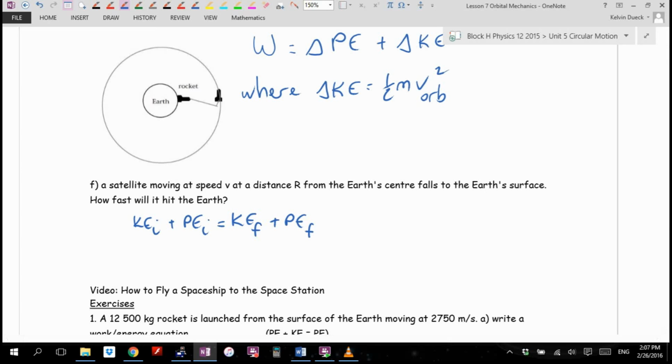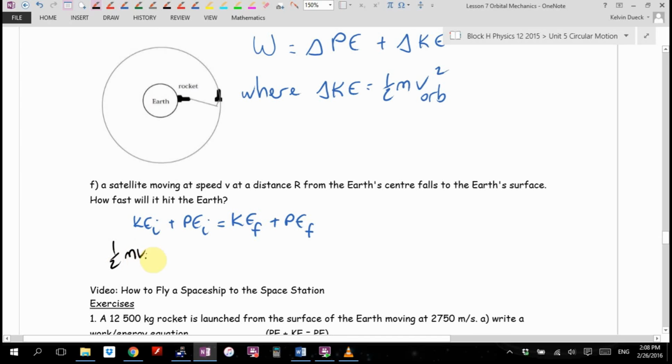Is my initial speed 0 in this question? Is my initial potential energy 0? Does it say we start out at infinity? Is my final kinetic energy 0? No, I think that's the V they want me to find. Is my final potential energy 0? Not in the cosmic equation, because 0 is out at infinity. We're going to get this.